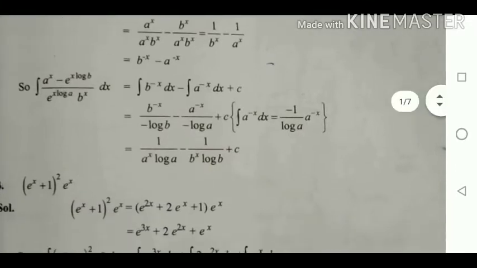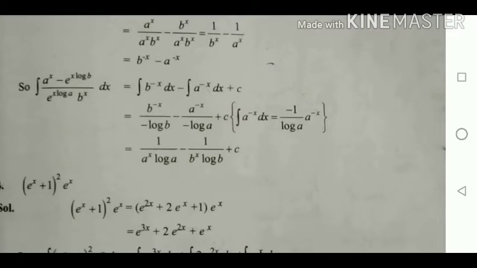So we get the answer 1 by a power x log a minus 1 by b power x log b plus c. Here b power minus x goes to the denominator and becomes plus. Likewise for a power minus x, minus of minus becomes plus. Therefore a power minus x becomes 1 by a power x log a.